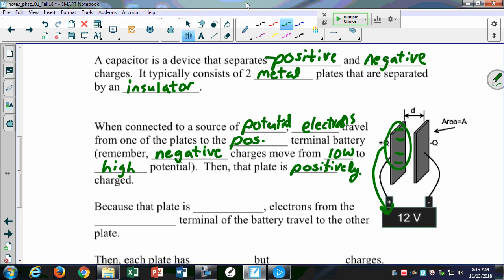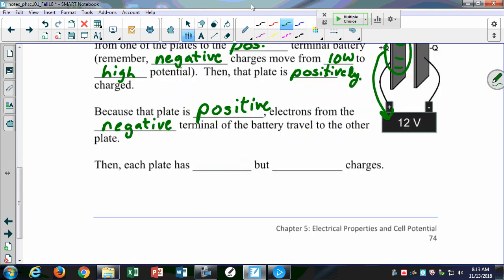And they're going to be equal in their charge. One's going to be equally positive and the other is equally as negative. Now, because that plate is positive, electrons from the negative terminal of the battery travel to the other plate. And then each plate has equal but opposite charges.